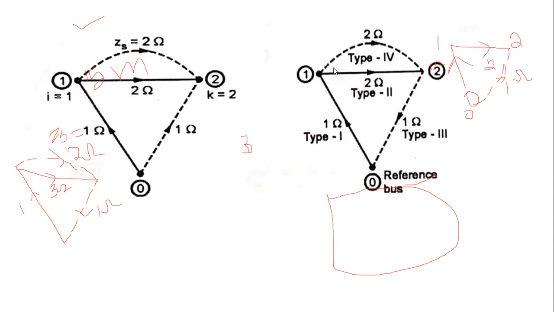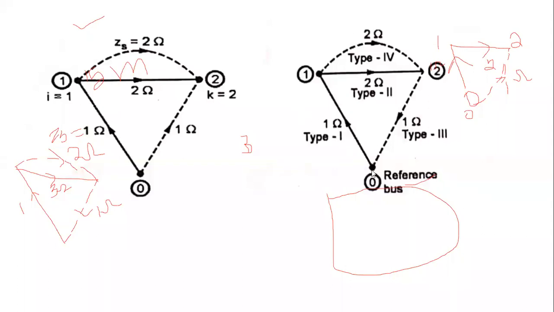In some problems we cover only 2 or 3 types of modifications. First we study the type 1, type 2 and type 3 modifications and how to form the Z-bus matrix for each. Also remember that when we add an element between the reference node and a new node, it is considered a type 1 modification.